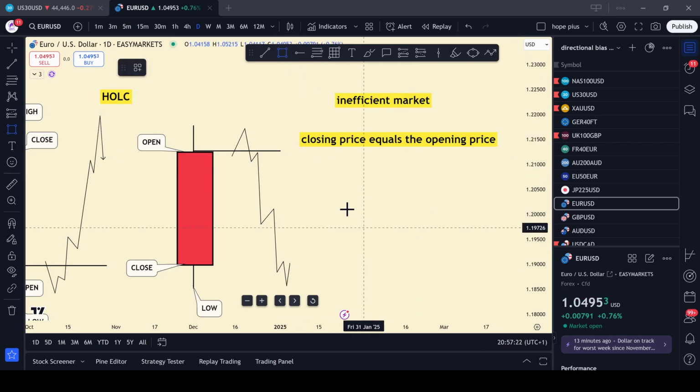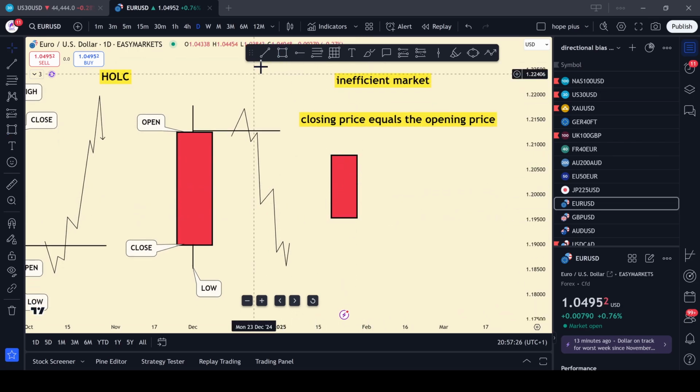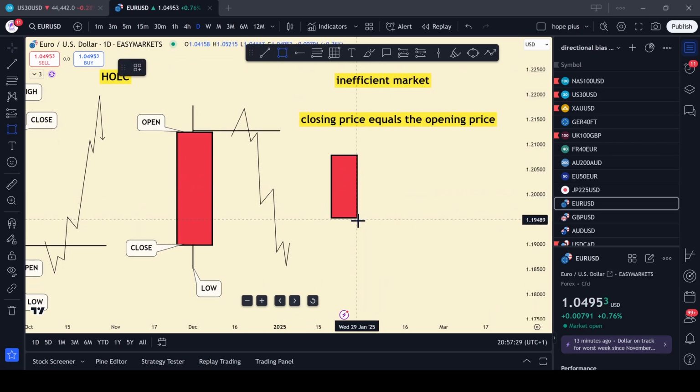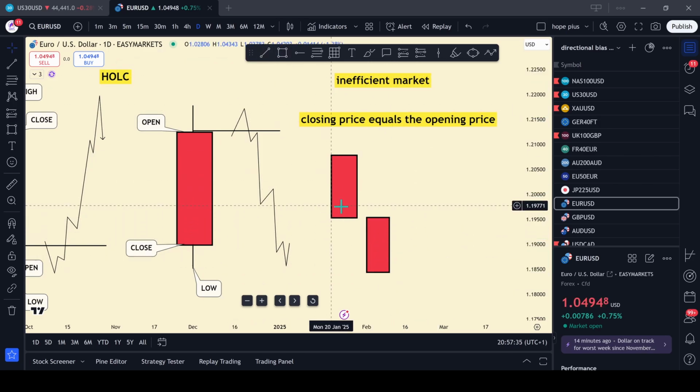For example, if we have a closing price down below, for efficient pricing, both the opening price and the closing price will be at the same level, like this. This is price efficiency.